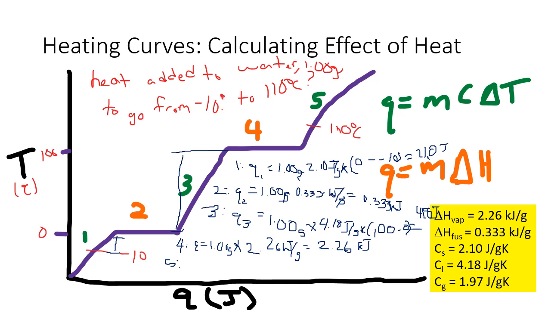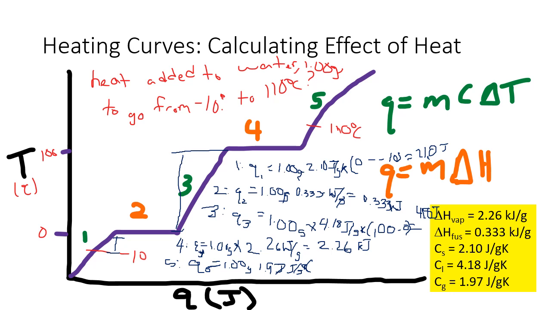Okay, our fifth step, so we have our Q5. Is a temperature rise. So we have our 1 gram. We are dealing with a gas at this point, so we have 1.97 joules per gram Kelvin.